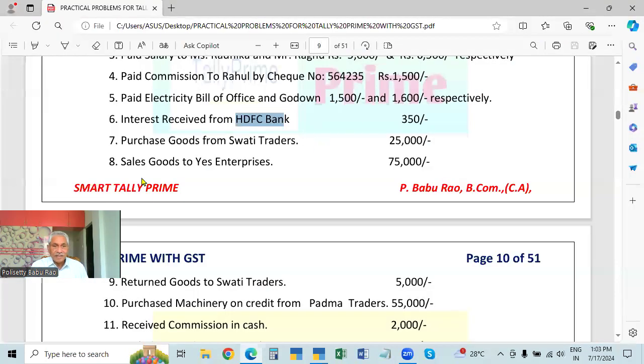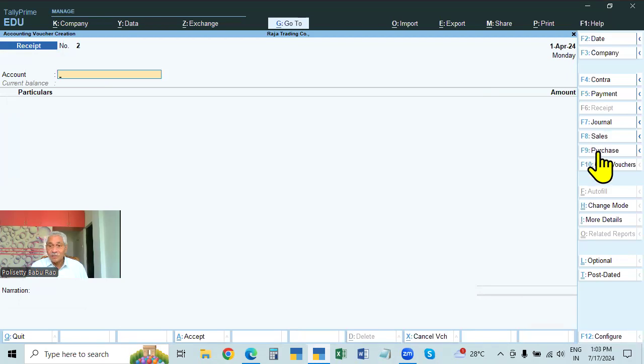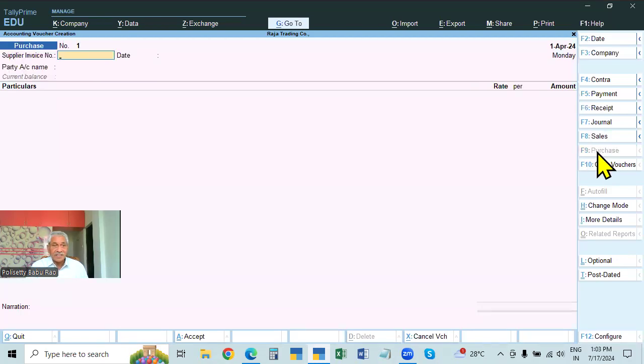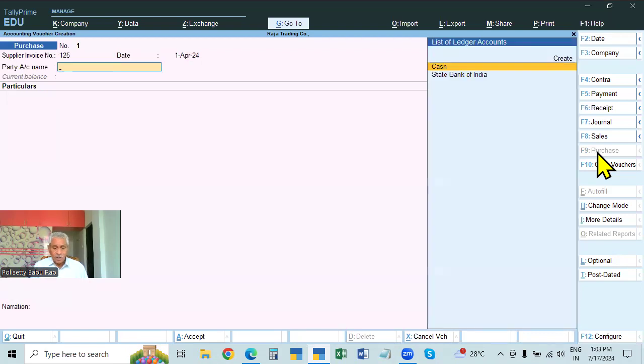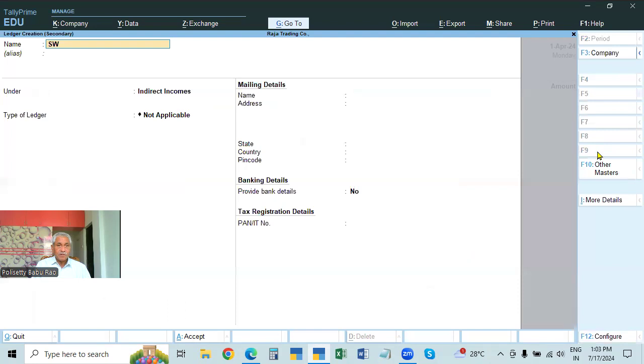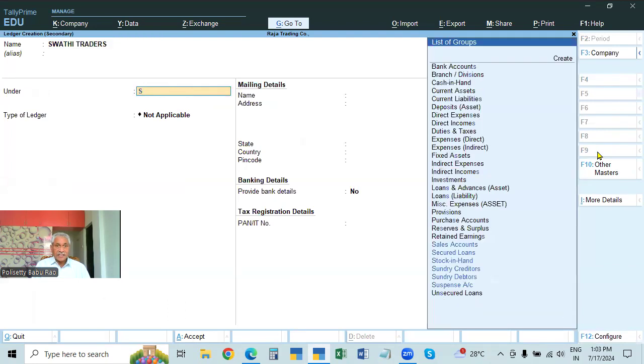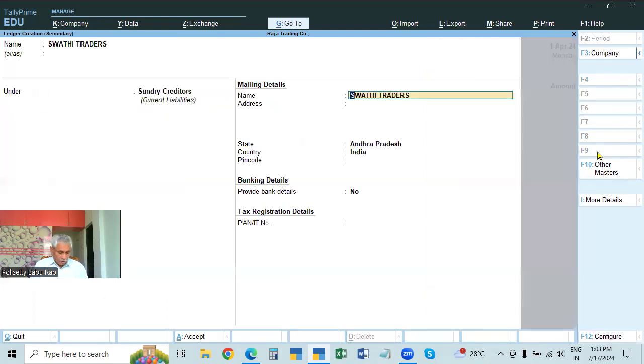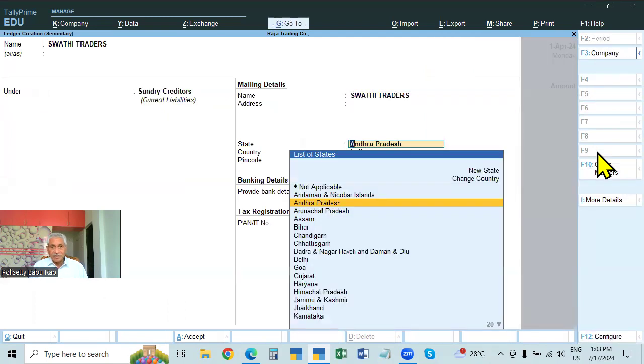Then, purchase goods from Swati Traders. So what will go? Purchase goods means the purchase ledger. Here we will give 1 to 5, for example, Swati Traders. We have to create Swati Traders as a sundry creditor when you are purchasing, so we have to give all the details. This is Andhra Pradesh, so we are giving Andhra Pradesh.